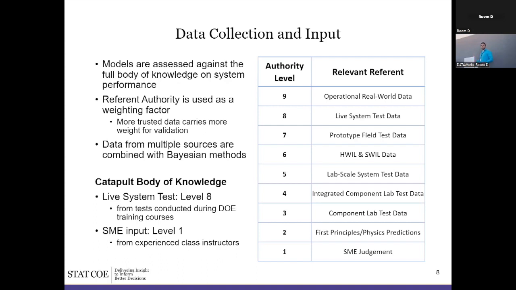For our specific system, this means that we have two references to lean on. One is live system test, where we went out and actually fired these catapults. And then in those areas where we collected sparse amounts of data, we also leaned on SME inputs from some teachers who have been using these catapults as DOE example tools.